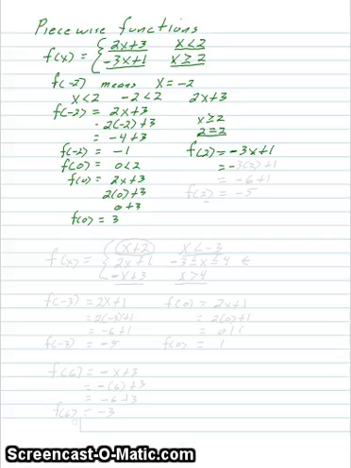So you substitute the 2 in for the x, so you get negative 6 plus 1, which is negative 5. So f of 2, this piecewise function evaluated at 2, gives you negative 5.